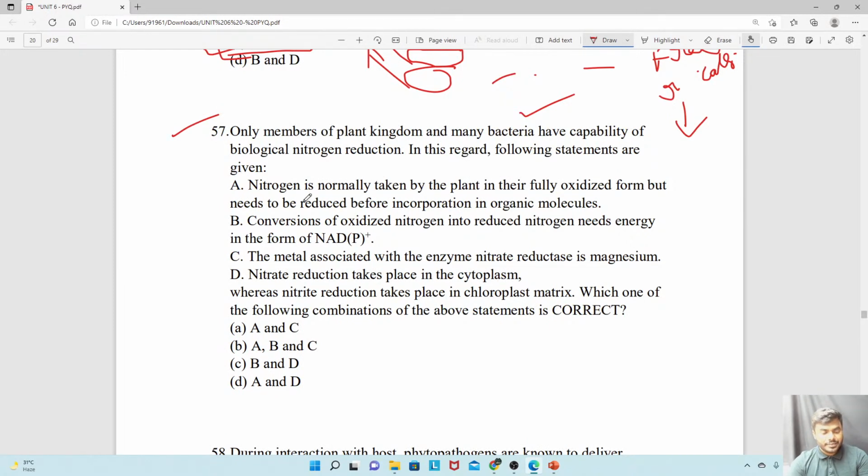Question number 57. If you understand even one option in this question, you can easily eliminate it.